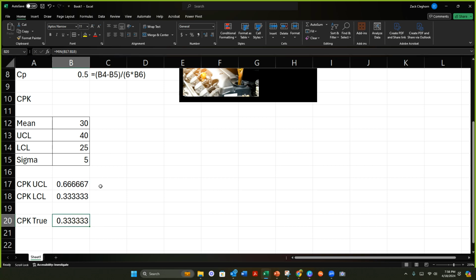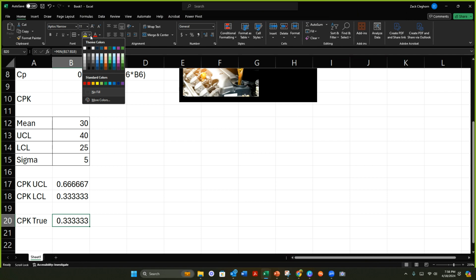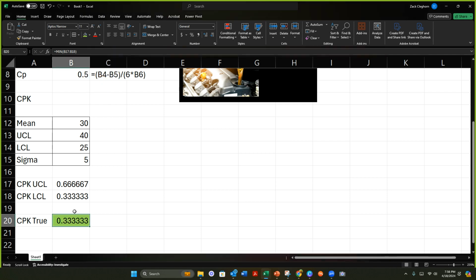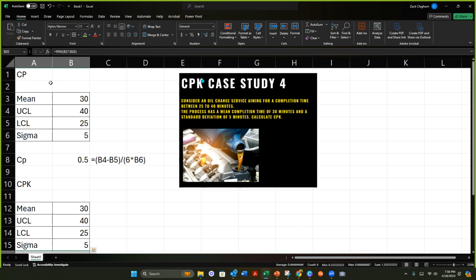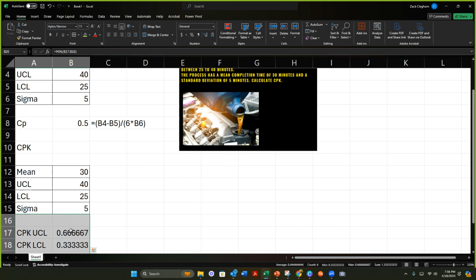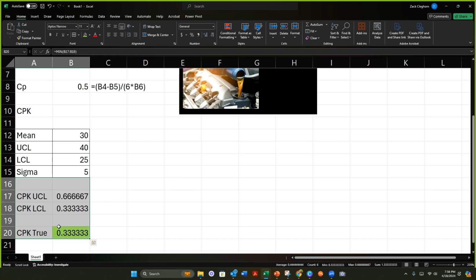Now, obviously we can see it, but when you start looking at a lot of data as a whole, it's good to build out this spreadsheet. So through here, we learn how to calculate CP and CPK in our formula in Excel.